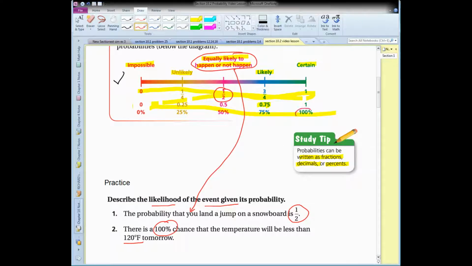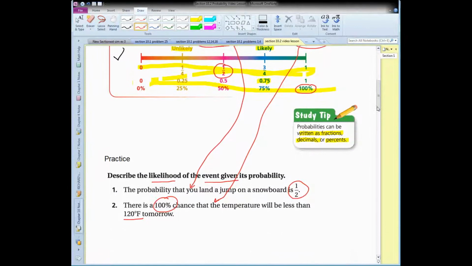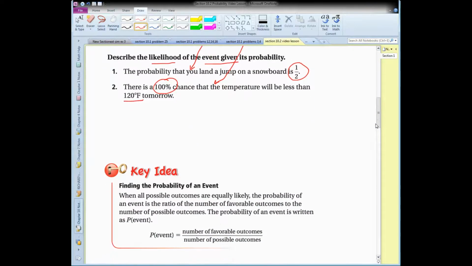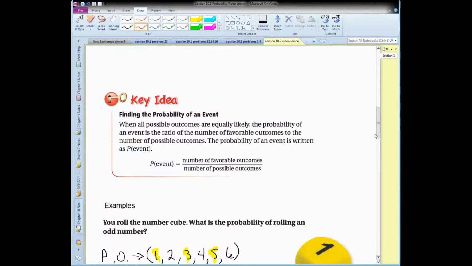I see it right here. So the answer to problem number 2 is certain. Okay, that is the likelihood. You are certain that the temperature will be less than 120 degrees Fahrenheit tomorrow.